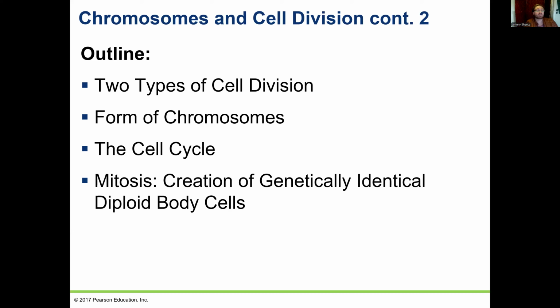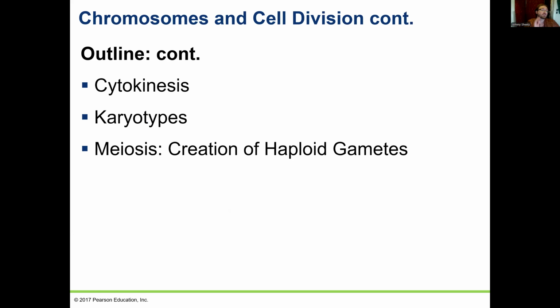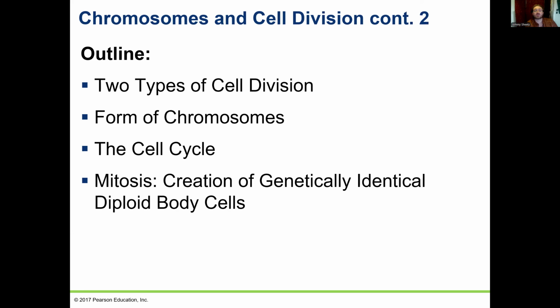And then we're going to dive into one of the forms of cellular division, mitosis. We're also going to talk about cytokinesis, which is the essential final stage of cell division, as well as karyotypes and the concept of meiosis, which is the other form of cellular division.